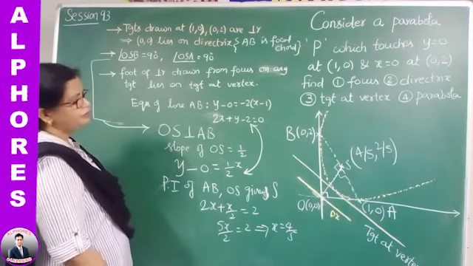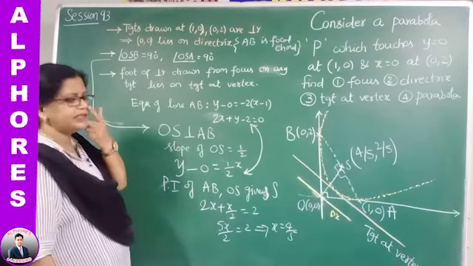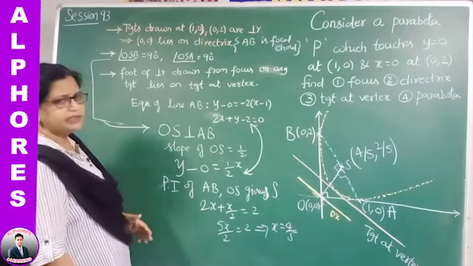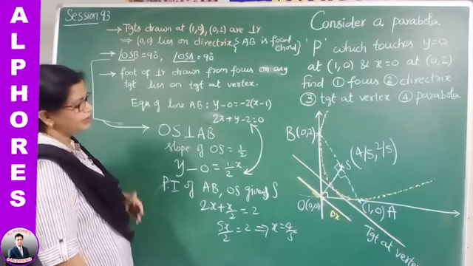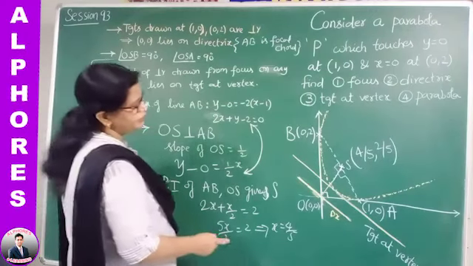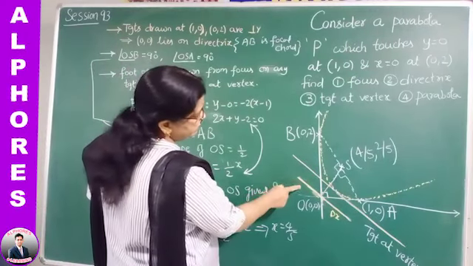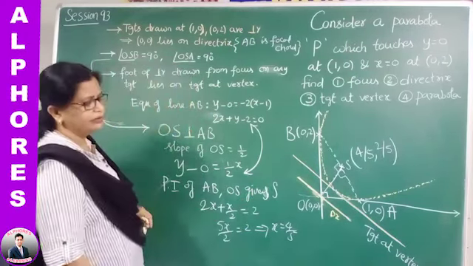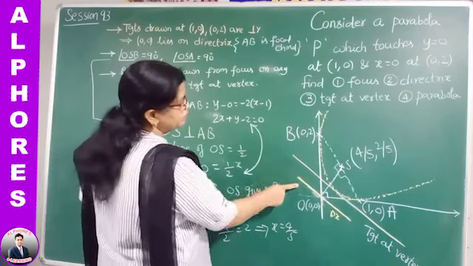Once you know the focus coordinates, the next interesting point is that we require the directrix slope. To obtain the directrix slope, all of you know clearly that the tangent at the vertex and the directrix are always parallel. So these two are always parallel.